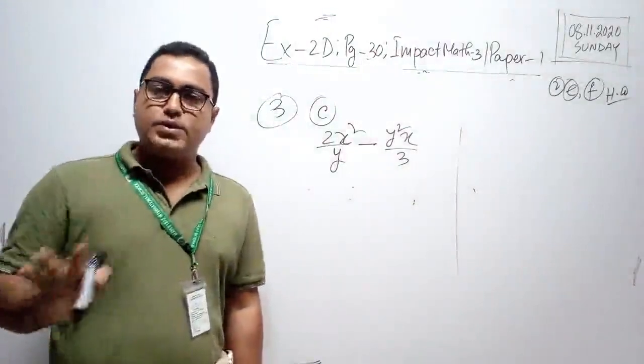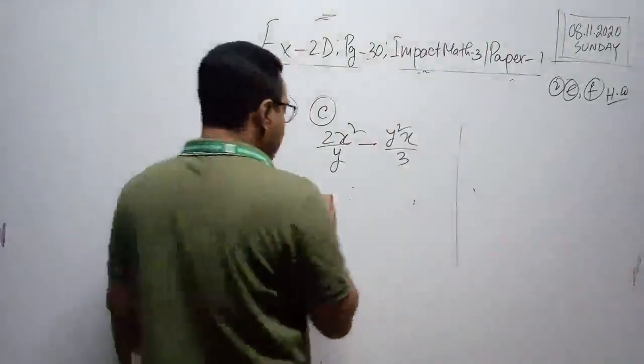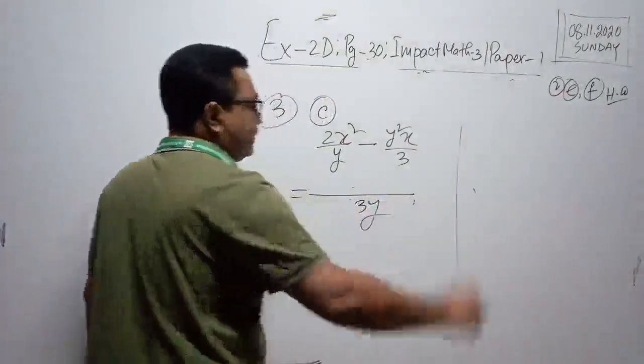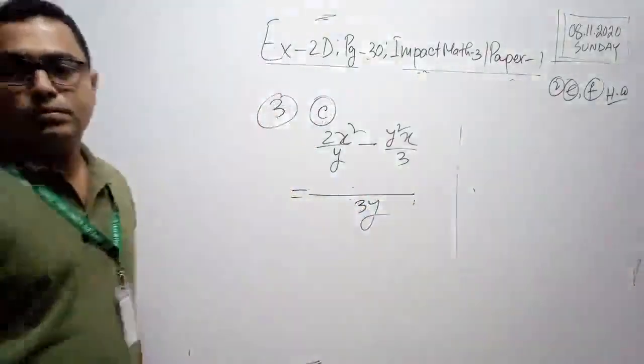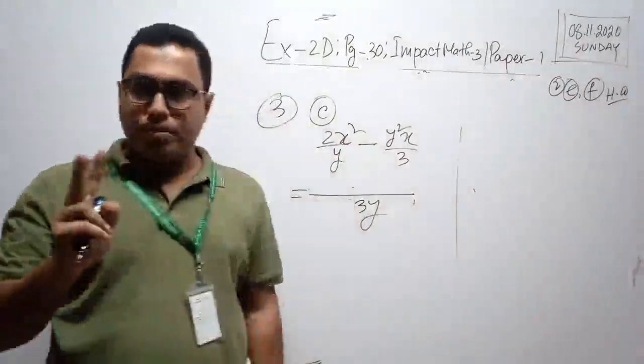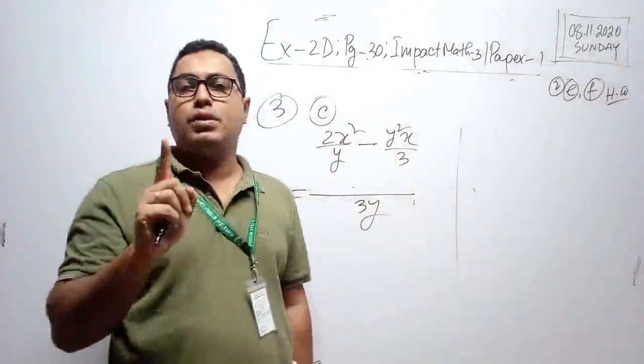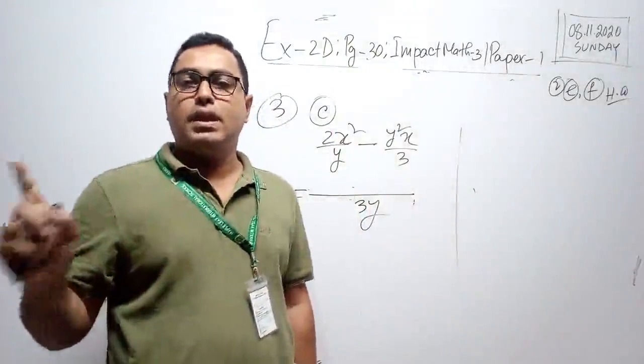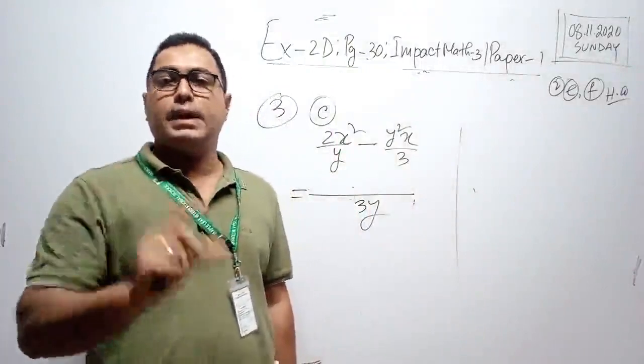Except 1, nothing is common. Their LCM will be their multiplication. If between two numbers only 1 is common, nothing else is common, then their LCM will be their multiplication.